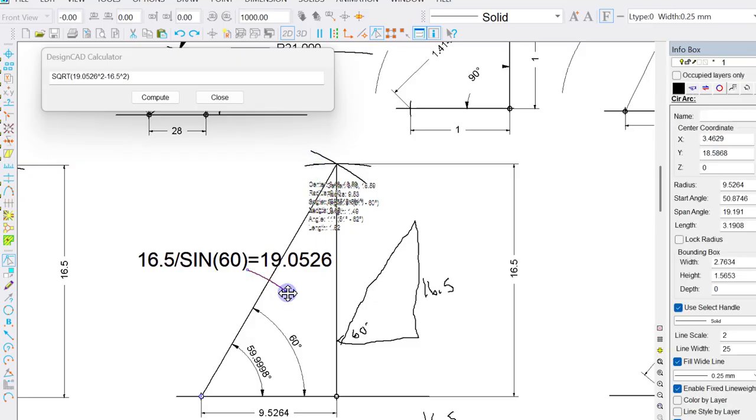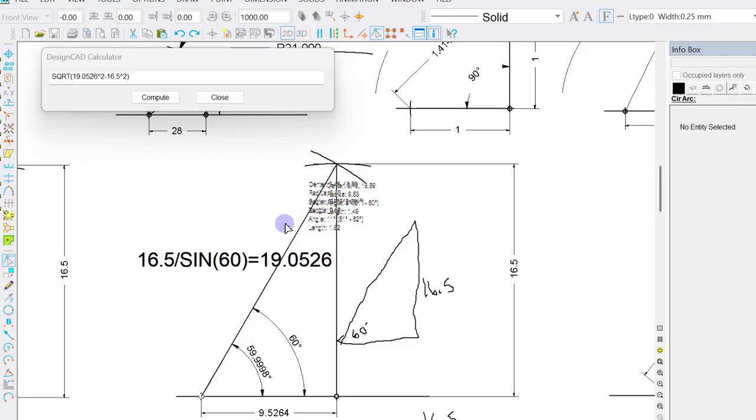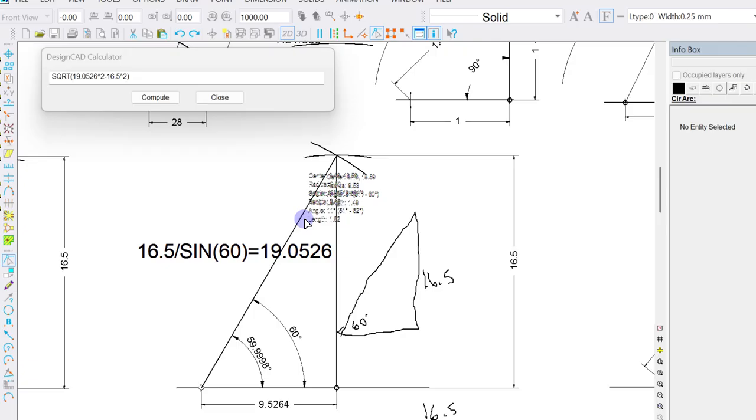Nope. Delete. So 16.5, if we went like that, 16.5 divided by cosine. No, the sine of 60.